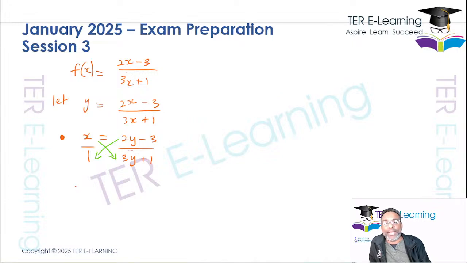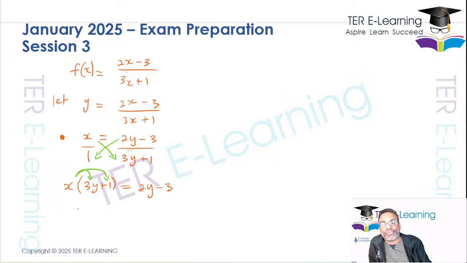If I were to do x multiplied by 3y plus 1, it depends on how the student rearranges their answers. You're trying to make y the subject of the formula. On the left hand side here, we can remove the brackets. So you can say x by this, and you can say x by 1.